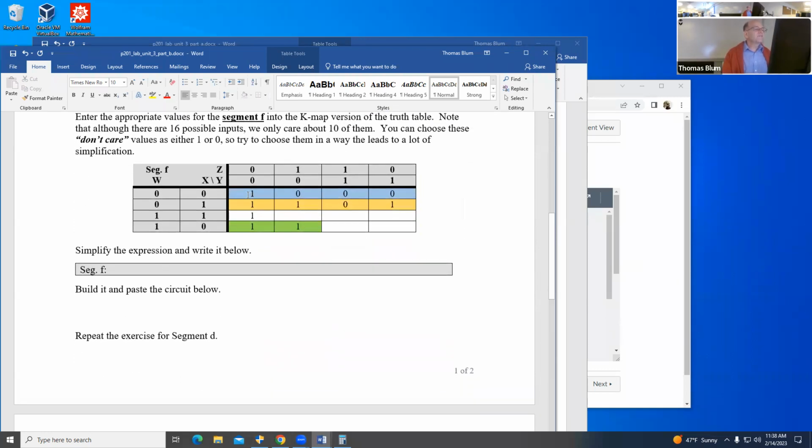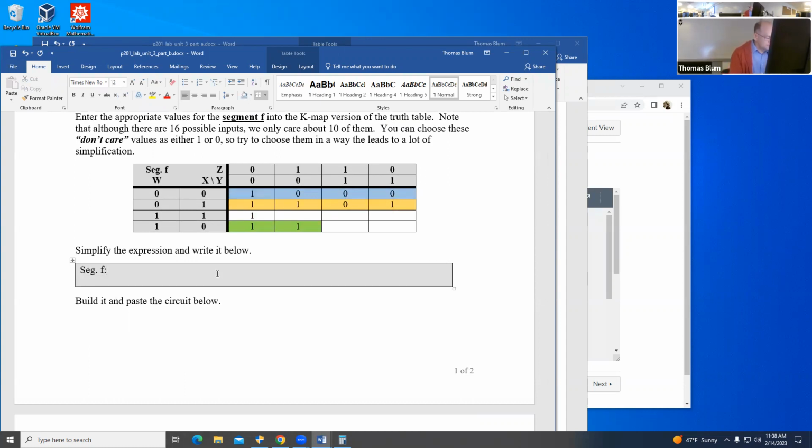So the first thing I have is this all rows first column. That's a group. All rows first column, and let's write down what that is. W changes.